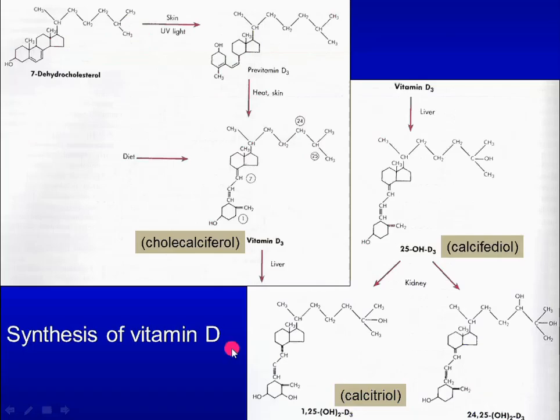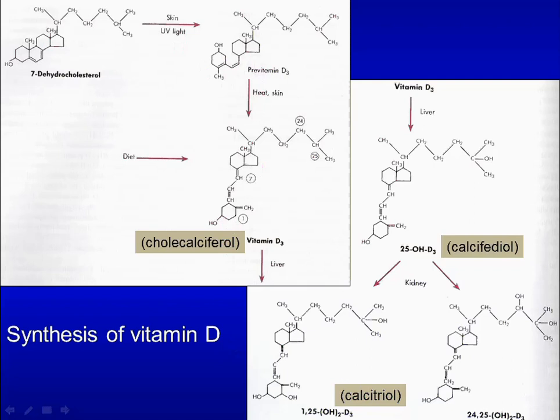Here is the synthesis of vitamin D. Vitamin D is derived from 7-dehydrocholesterol. In the skin, UV light breaks the single bond between carbon 9 and carbon 10 and convert it to pre-vitamin D3. Heat shifts the double bonds and convert pre-vitamin D3 to cholecalciferol.